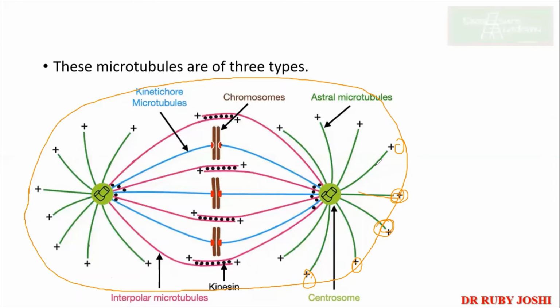Okay, don't worry, I have got another figure also, but just get an idea that interpolar microtubules and the astral microtubules, they both are helping the cell in bringing the chromosomes to one center. It should not happen that this one goes here and that one goes there, right? Everything has to be together so that finally they can go for the division over here. Correct?